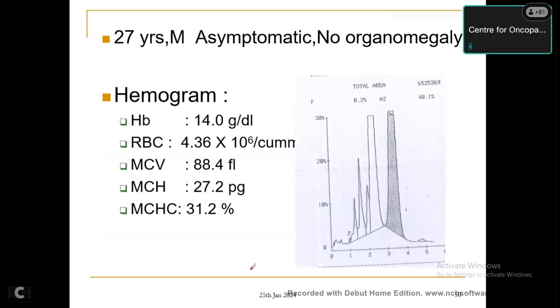The participants, the delegates who are there, are invited to answer in the chat box.